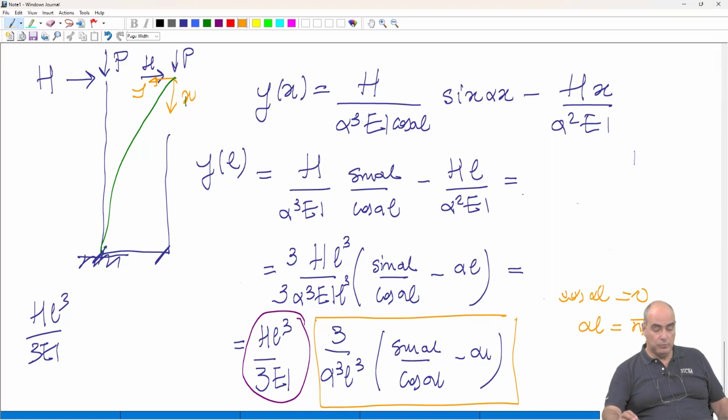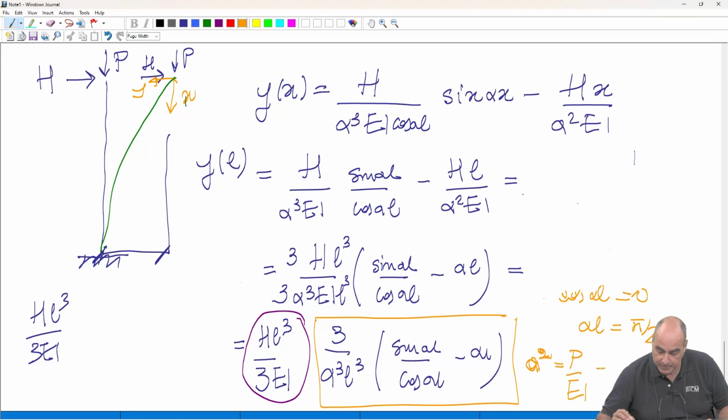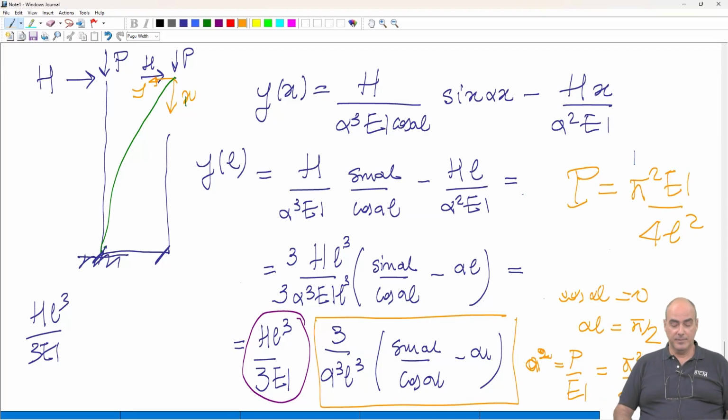But alpha L equal to pi over 2 means alpha square, which is P over Ej, equal to pi square over 4 L square. So when P is equal to pi square Ej over 4 L square, cosinus goes to 0. It means that the displacement goes to infinite. That is what defines the buckling failure condition. This is called the buckling load.